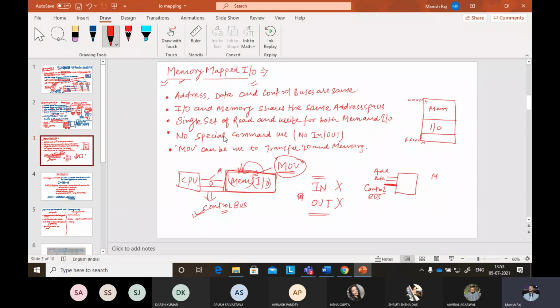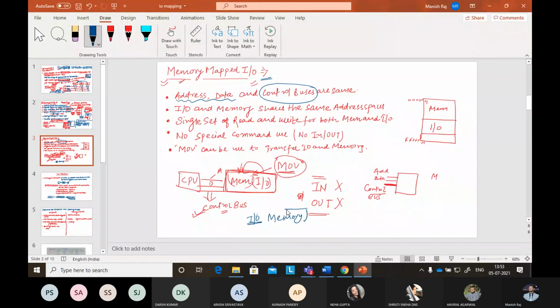So most of the points are covered already. So one by one we will see memory mapped IO. In this type of arrangement, the address, data and control buses are the same for the IO devices and the memory.